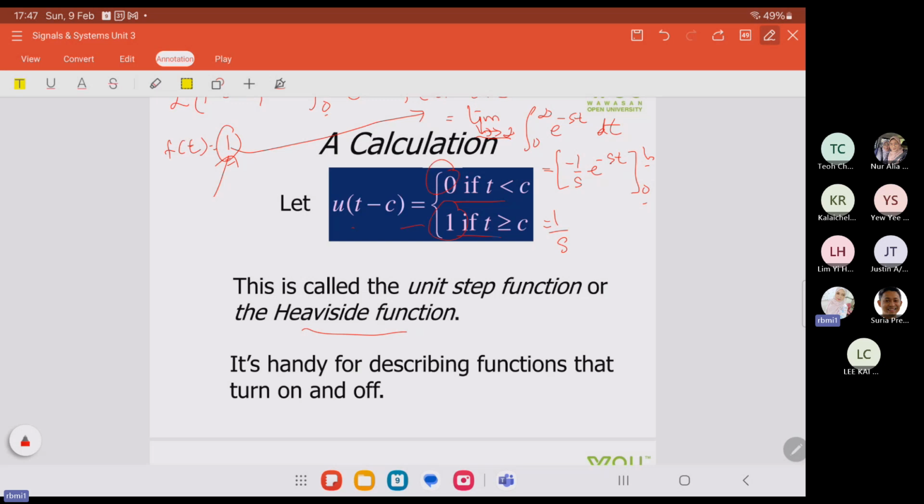This one is considered on, this one is considered off. If it is greater than a certain value, then it can be on. If it is lower than that value, it will be 0 and considered off. So this is for the applications for switches.